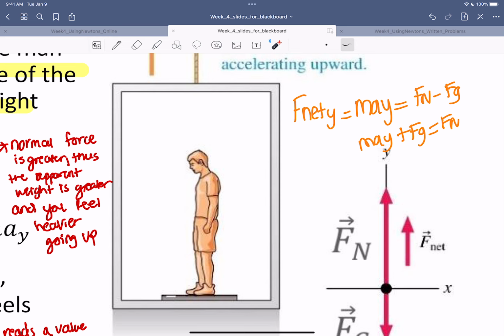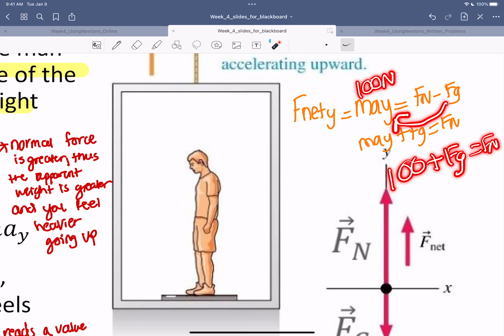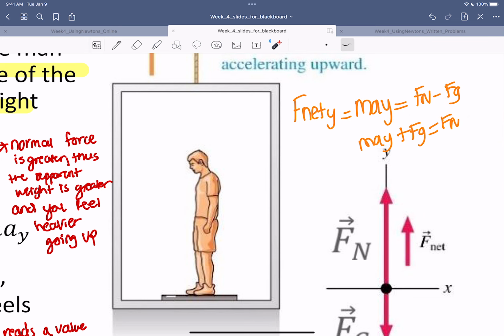But let's say this normal force was 300 newtons, and this was 100 newtons. If I added over Fg, 100 plus Fg is equal to Fn, and I know this is 300, then Fg is 200 newtons, right? And so that's the idea here where my actual weight, I might actually weigh 200 newtons, but I feel like I weigh more, right? Because that elevator is carrying me up and applying some positive net force.